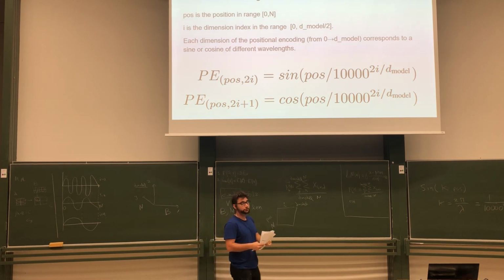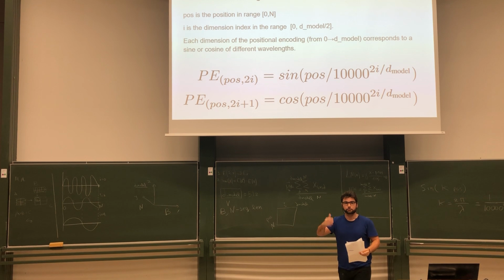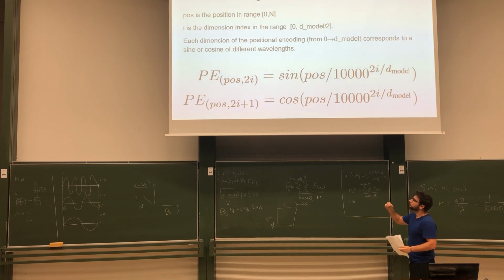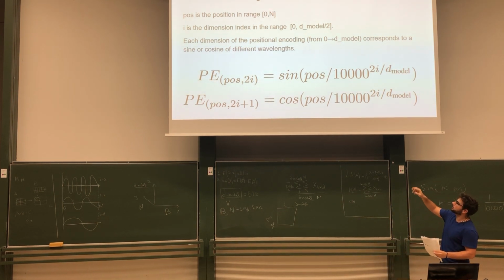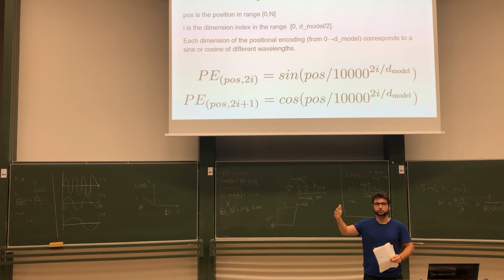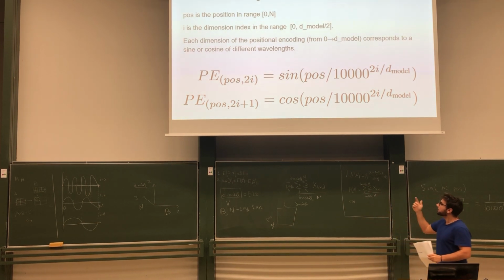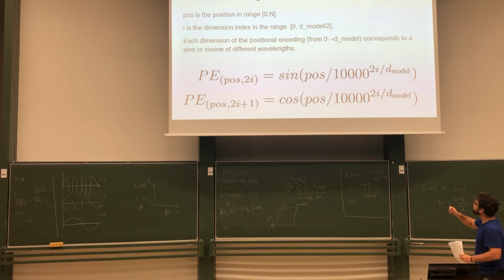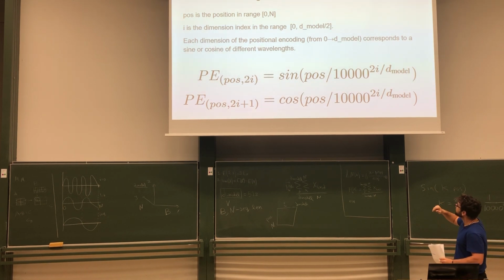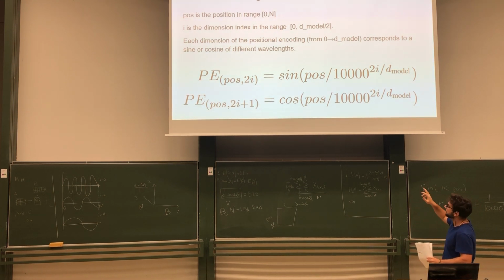So we have 3 different things happening at the same time. For odd and even indices of I, we use a different sine and cosine. So we are alternating between dimensions from sine to cosine. Second, we have a different wavelength.